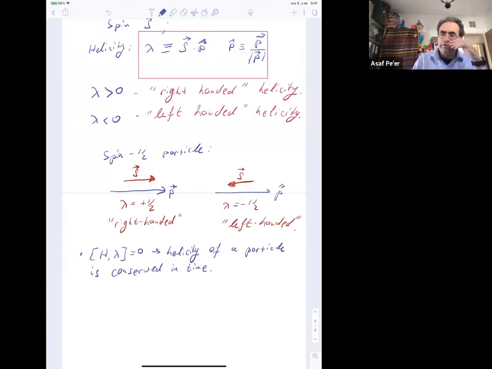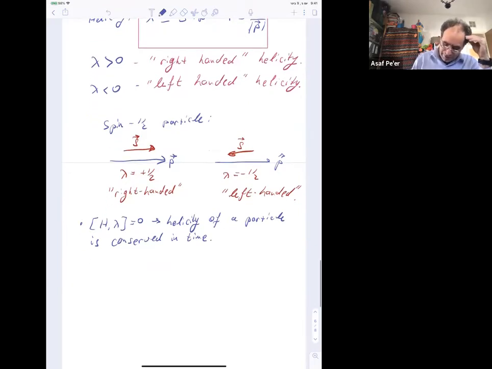Right? If we have a massive particle, we can always move to a frame in which the particle travels in the opposite direction. And since the spin is something which is intrinsic, it doesn't change. But that means that the helicity is changed. So the helicity is not Lorentz invariant for massive particles.